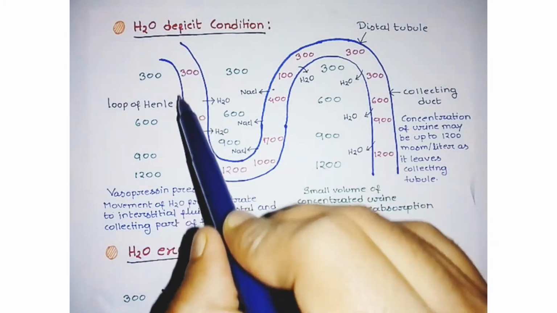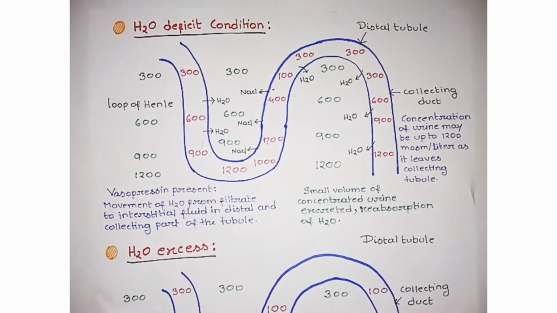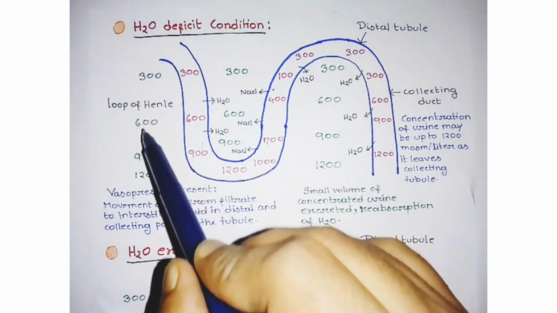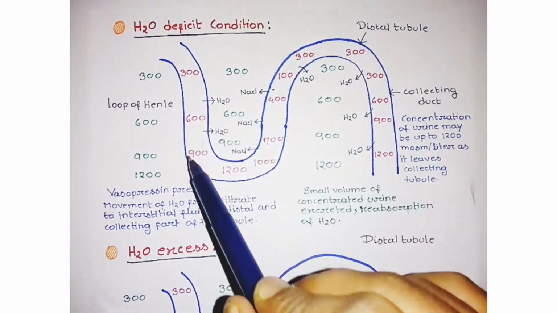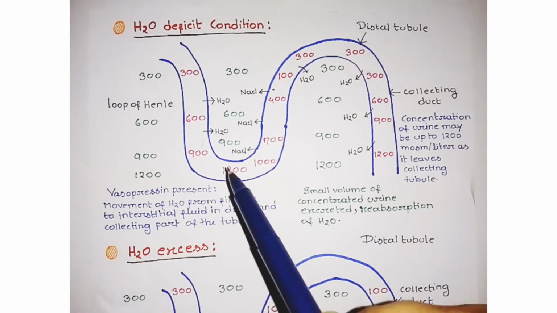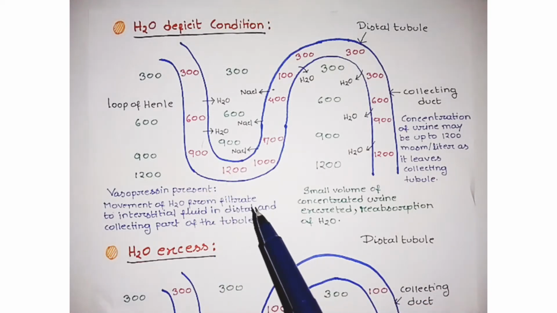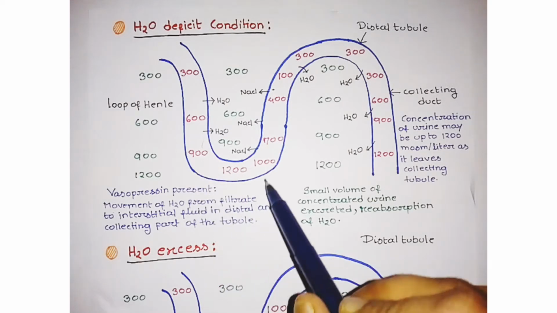As we move downward from the cortex into the deeper portions of the medulla, the osmolarity of the interstitial fluid increases up to 1200 milliosmol per liter. So the fluid that reaches the deep medulla reaches an osmolarity of about 1200 milliosmol per liter. This is the maximum concentration of the fluid.